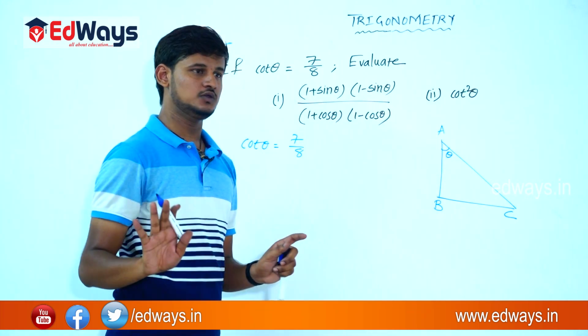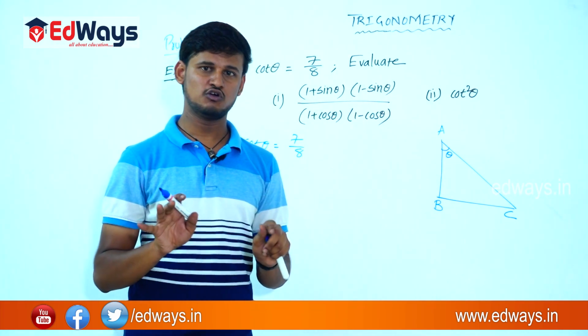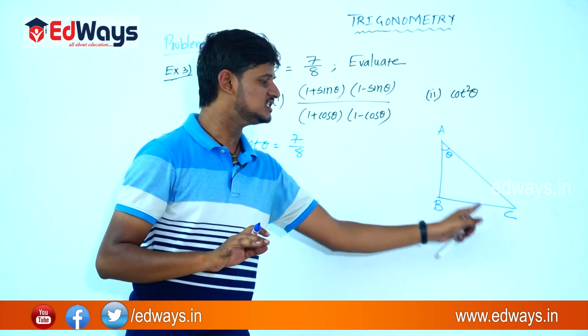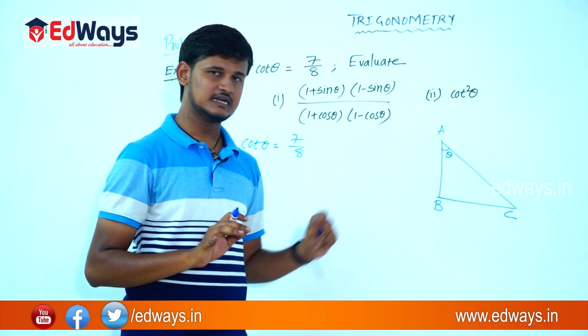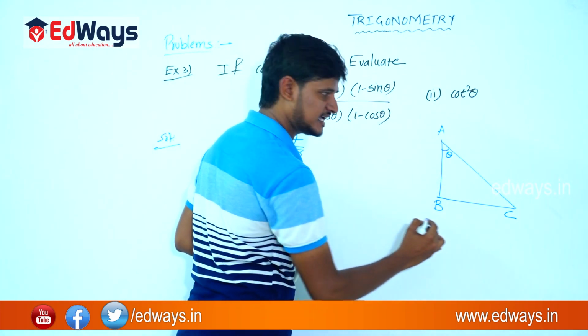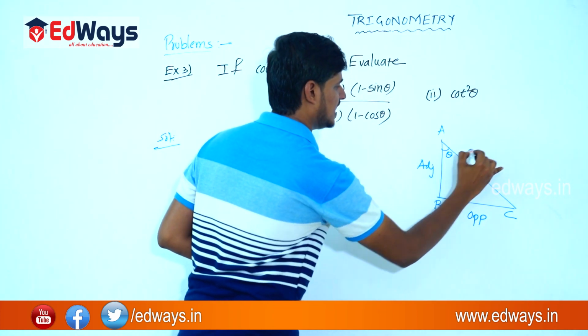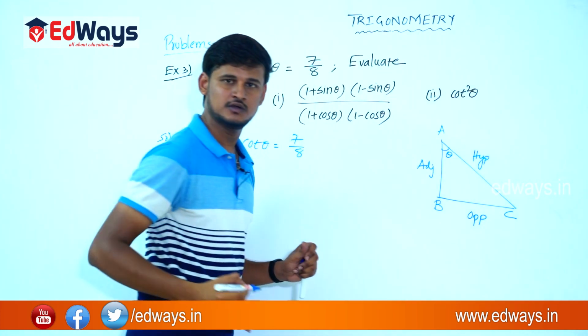You can take C also. But if you take C, this will become opposite and this will become adjacent. Now as I am taking A as the reference angle, this is opposite, this is adjacent, and this is hypotenuse.